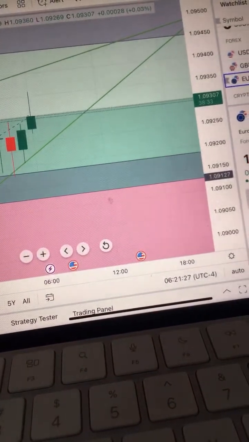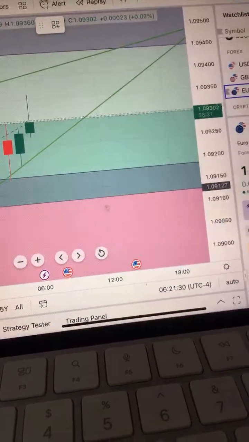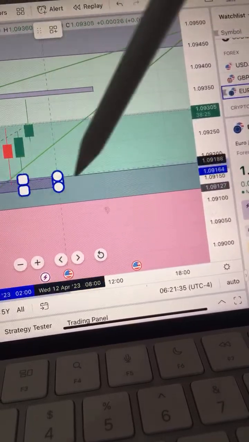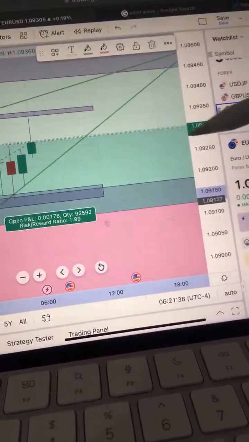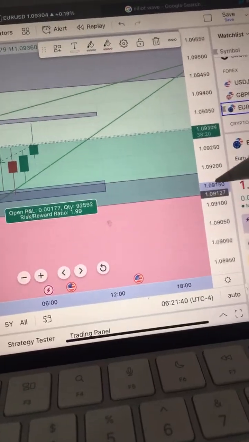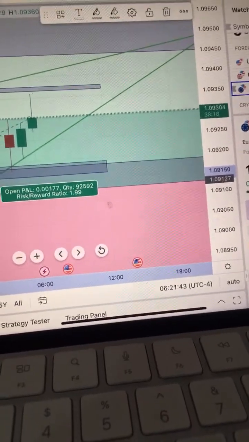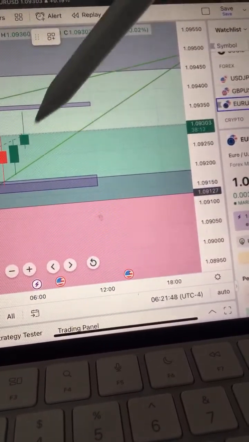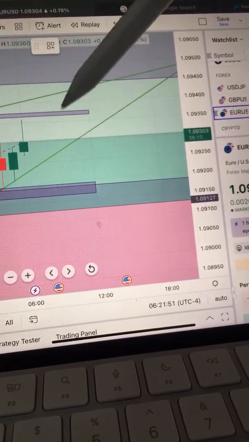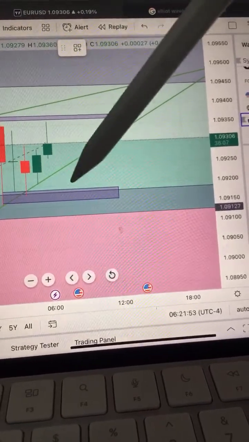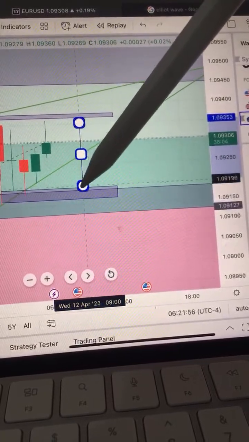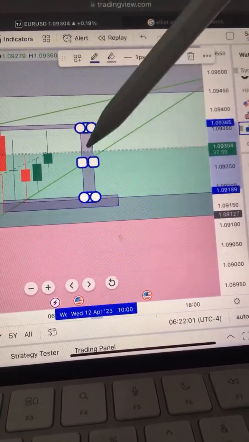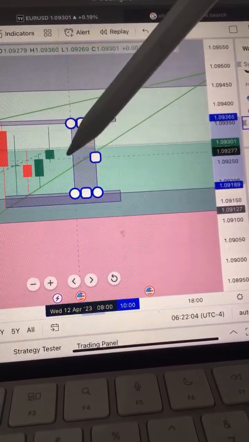So let me use this as my resistance, and let me use this as my support. Let's see if the chart does break this price. If it does break this resistance and support, let me say it breaks this resistance, then I will take the distance from my support to my resistance, and I will do this.